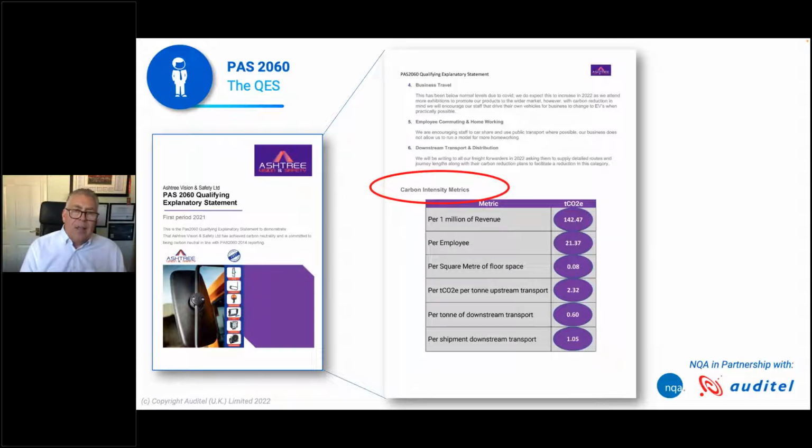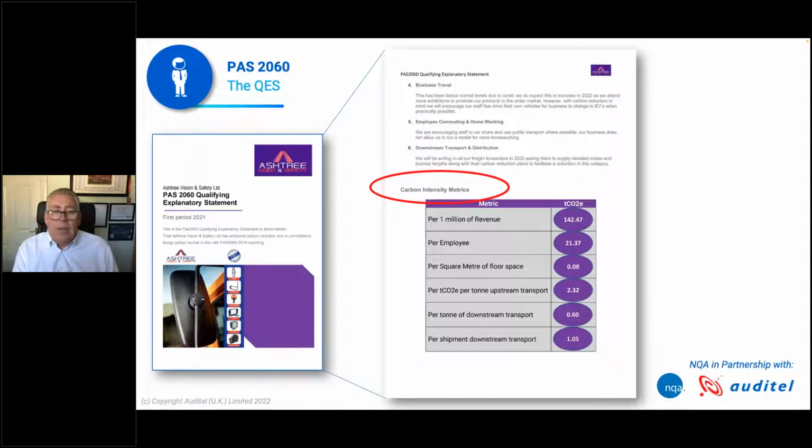That's our KPI. If we double the turnover of the business in the next 12 months, we still want to see that figure come down. We've also done it by employee, by square meter of floor space, by ton of CO2 of upstream transport, by ton of downstream transport, and by shipment that went out.